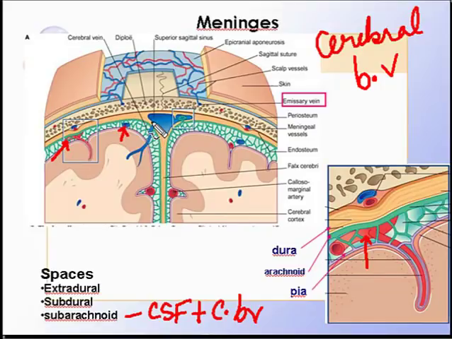So you can see in this narrow part here, they are passing through the subdural space, and then they go and drain into the venous sinus. So the subdural space has veins, and these are your cerebral veins, which are going to drain into the venous sinuses.